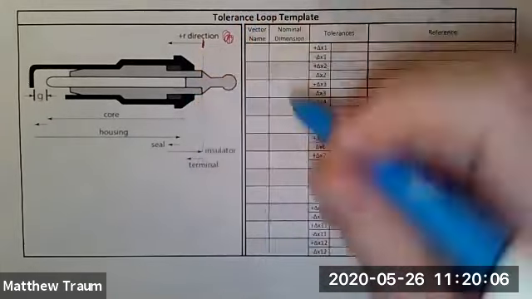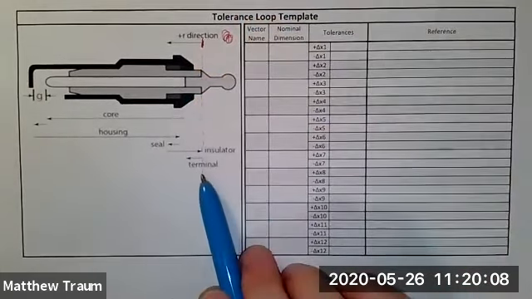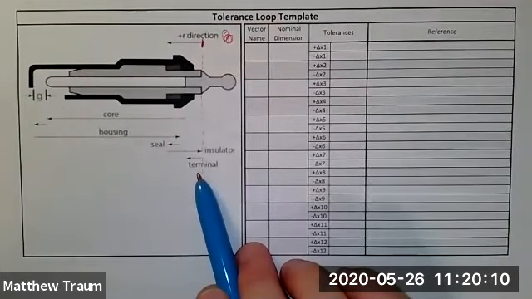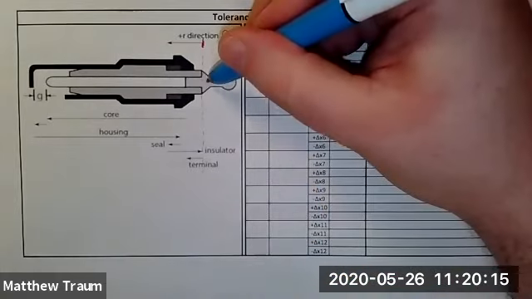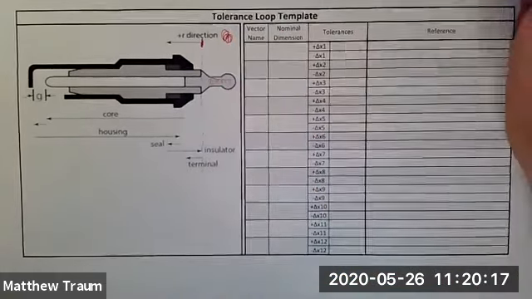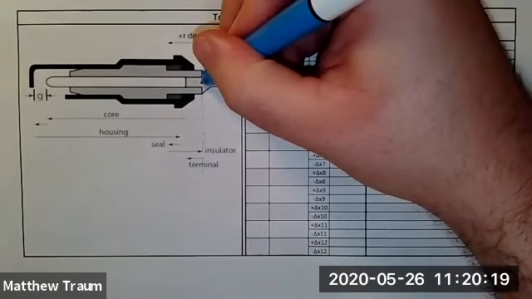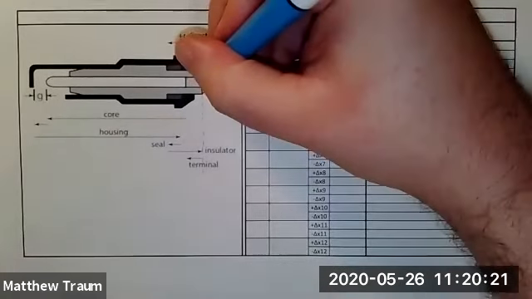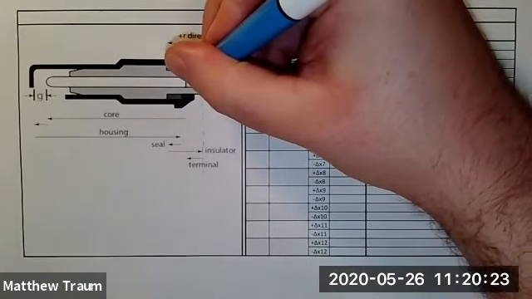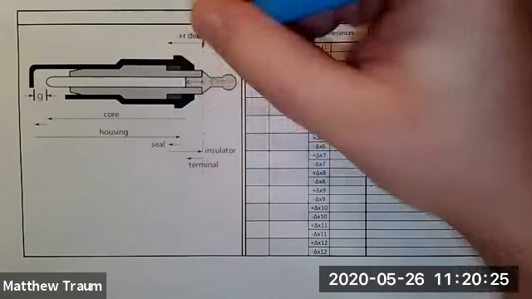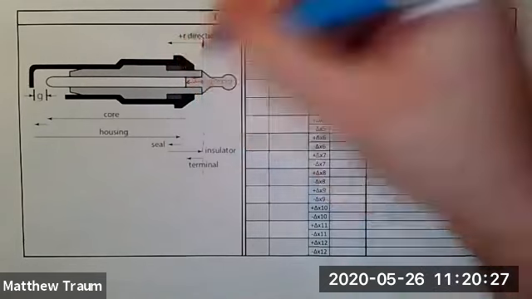If I've set this as my 0, it's very natural to start with the terminal as the first vector, and the terminal is this part here, right? So this is the terminal. So if I start with the terminal and draw my vector, we'll call that vector t.